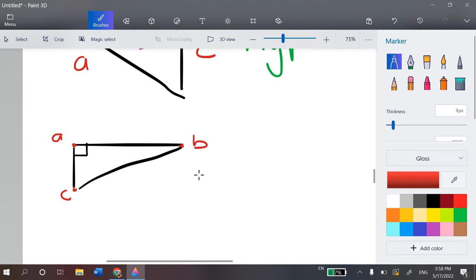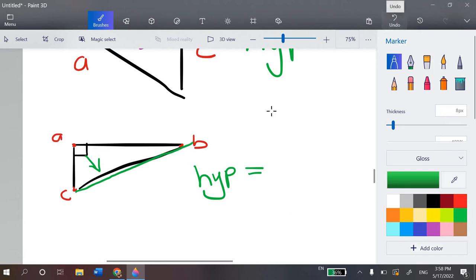So, which one is the hypotenuse? Again, we look for the longest side, or the other way to find it is to go opposite the 90-degree angle, which gives us this side here.